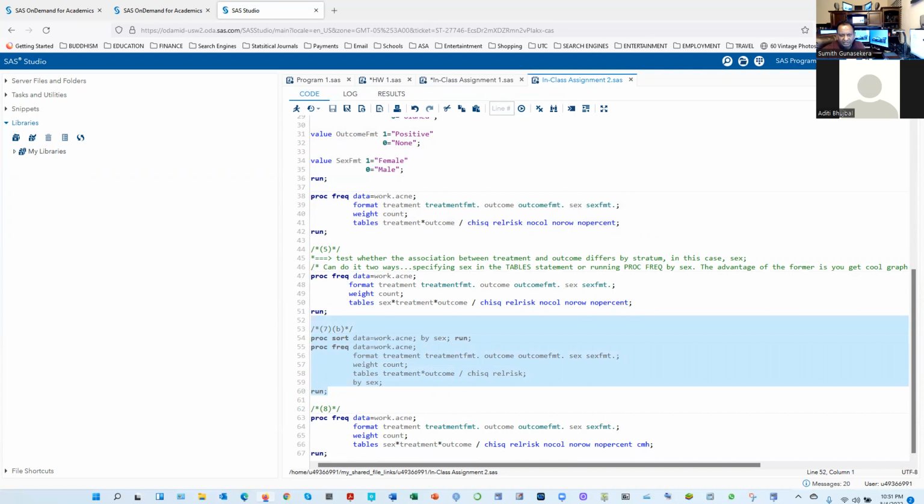Create a frequency table. I'm sorry, I'm looking at the wrong place. Create 2 frequency tables and test whether the new medication's effectiveness differs by sex. Creating 2 frequency tables controlled by sex would be number 5. Okay, that's right.